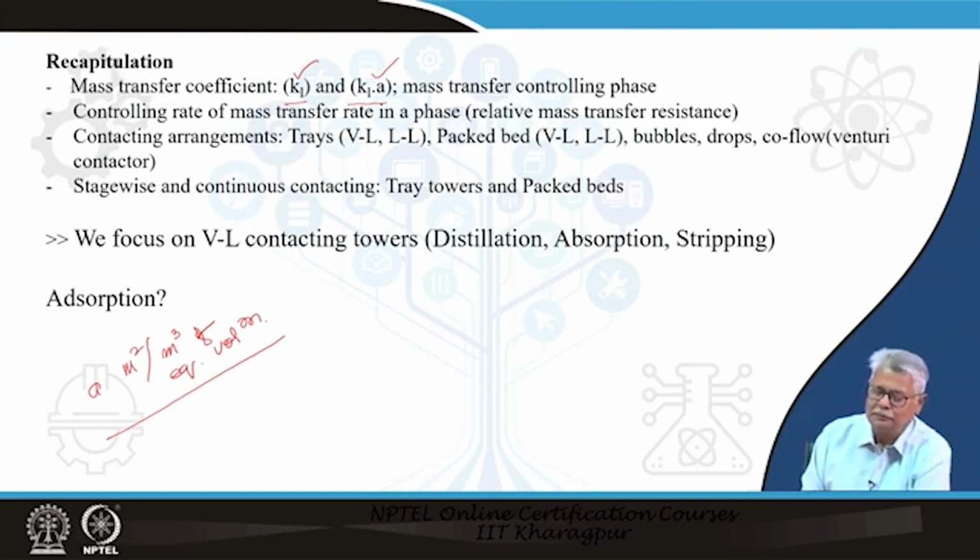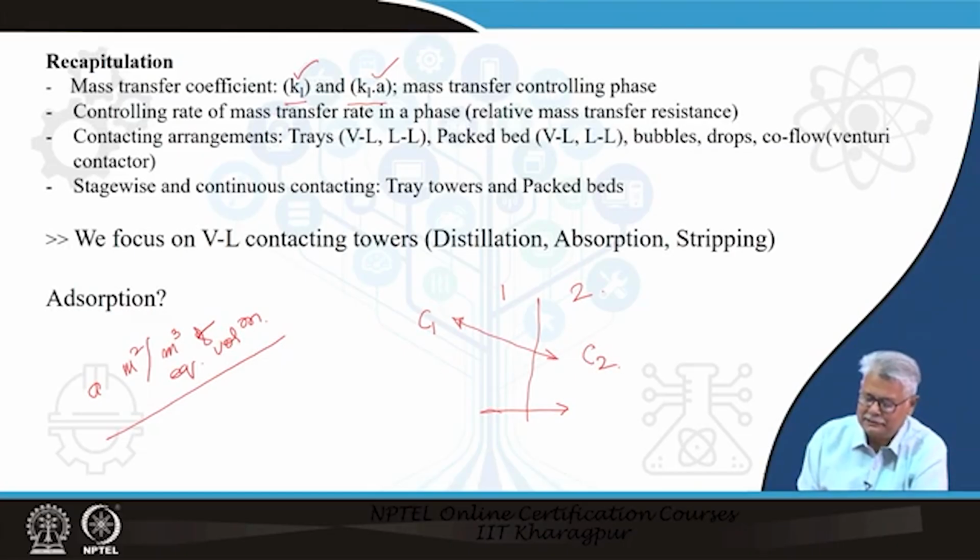We also have to have an idea of the controlling mass transfer rate, and we are talking about phase 1 to phase 2 mass transfer. The mass transfer takes place from the left to the right. If I have a concentration of a component C1 and it is C2 here, the driving force is basically the concentration difference between these two. In fact, that is not exactly the one.